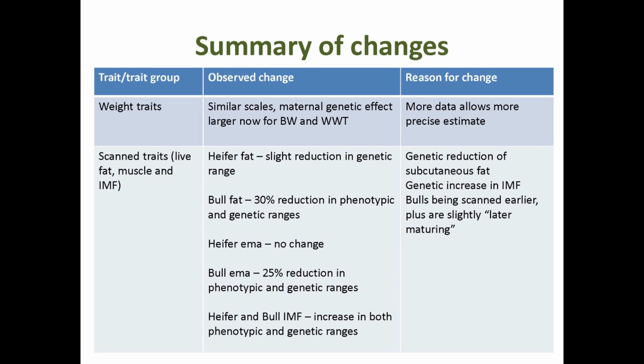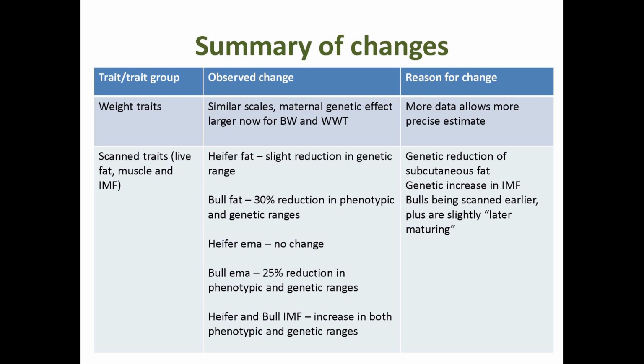In bulls, there's been a significant reduction in both the observed range of fat, from fat through to lean, and also in the underlying genetic range. So animals are actually genetically more similar to each other. There's less spread in the genetics for fatness, live fat in bulls than was previously the case.